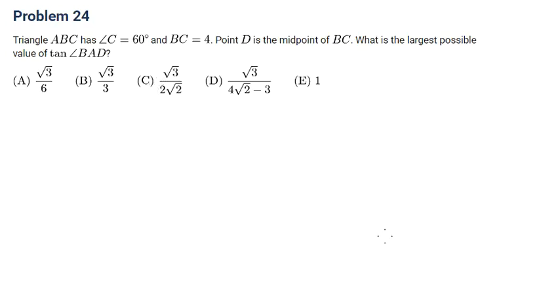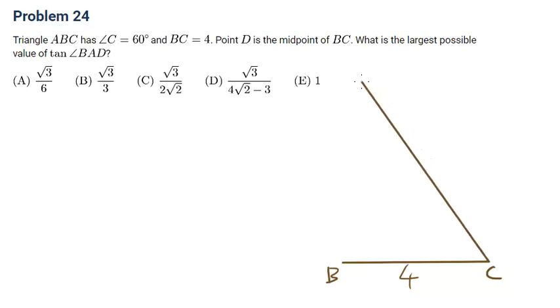Okay, let's draw this diagram. BC equals 4, angle C is 60 degrees. D is the midpoint of BC, so it splits it in half, 2, 2.